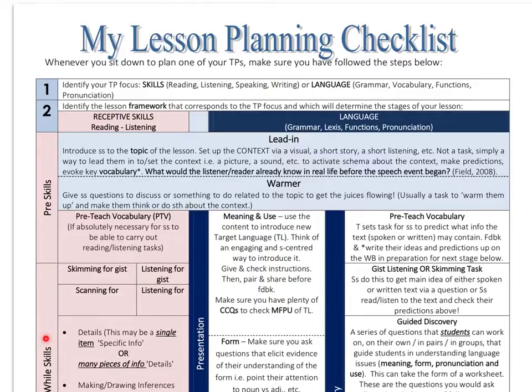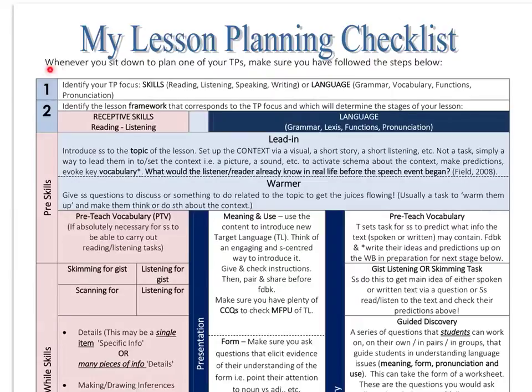In a nutshell, I've put together the different stages for receptive skills lessons and the different stages for language lessons in one document so that you can have it at hand and use it as a checklist while on the course. Now, whenever you sit down to plan one of your teaching practices, make sure that you've looked at this checklist and that you have thought about the different stages.